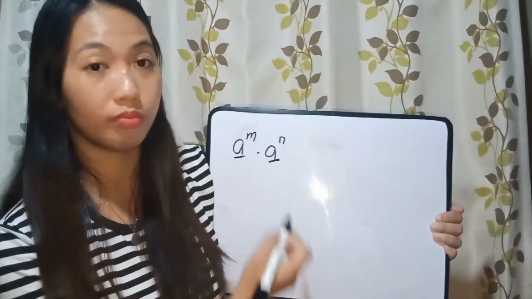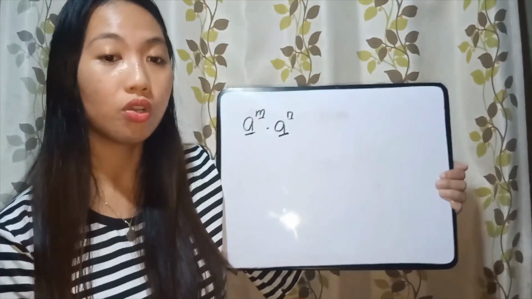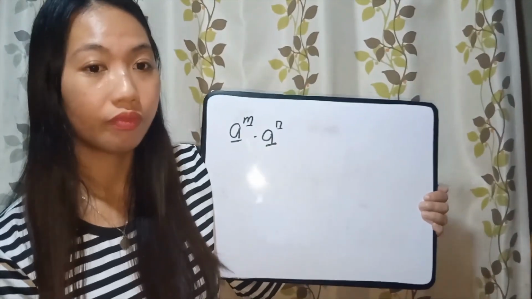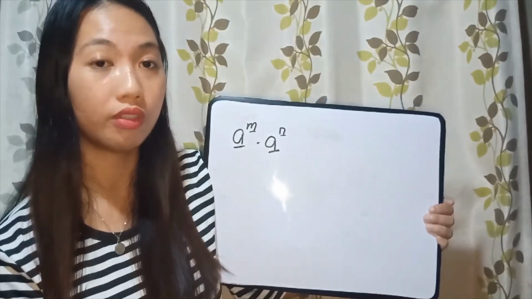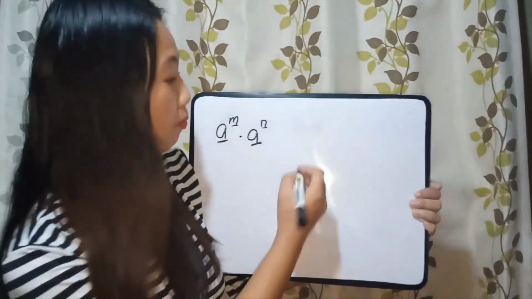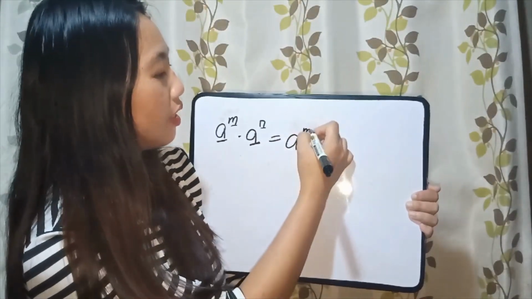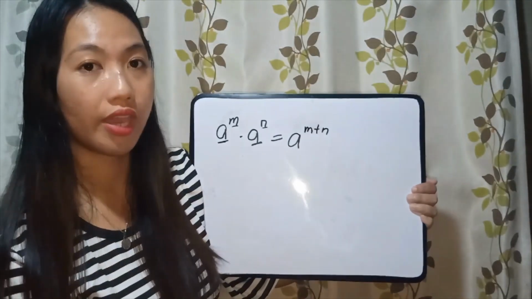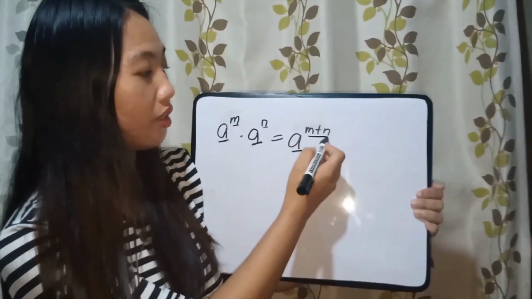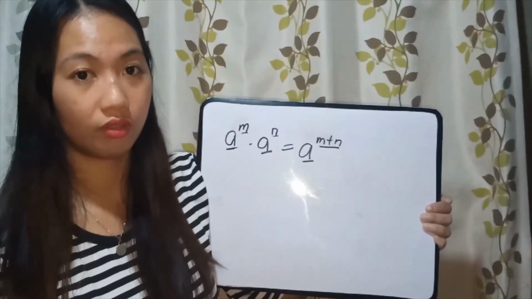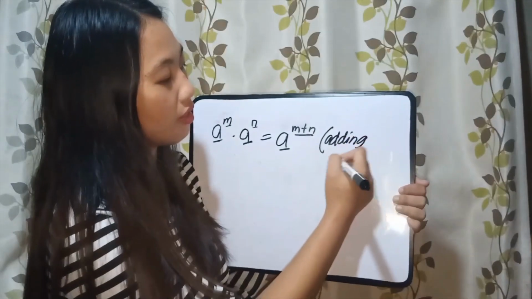So this is what we call base, and this is exponent. Okay. So when we multiply expressions having the same base but different exponents, we simplify this by adding the exponents. Okay, so write the base a and add the exponents. So this is what we call adding exponents.